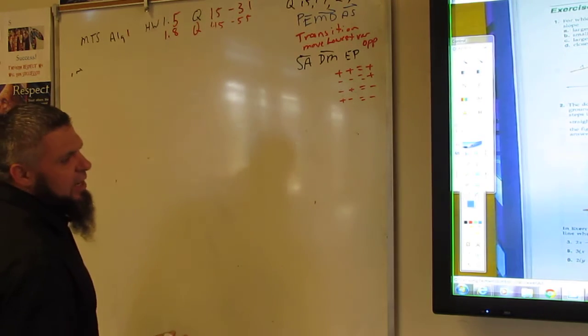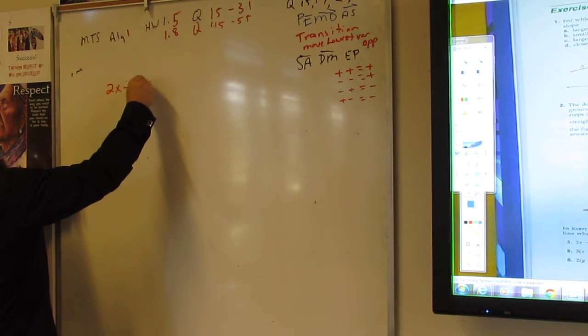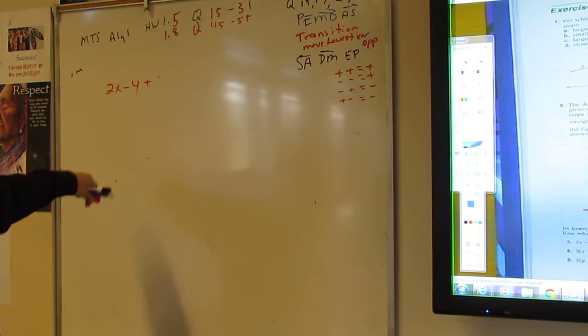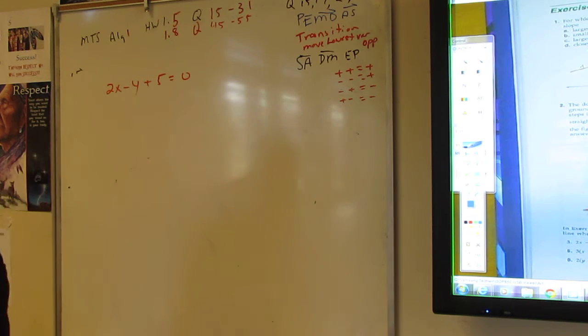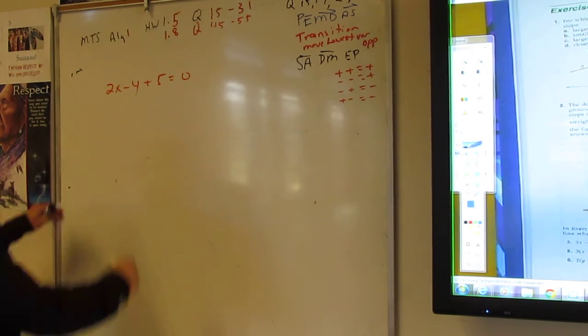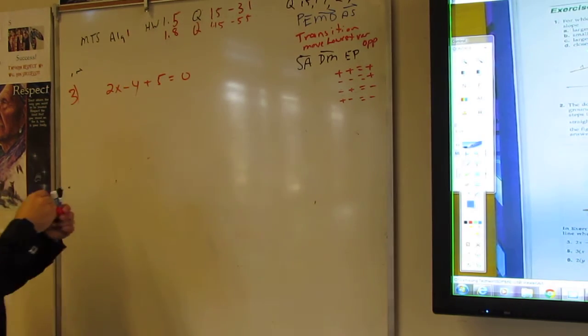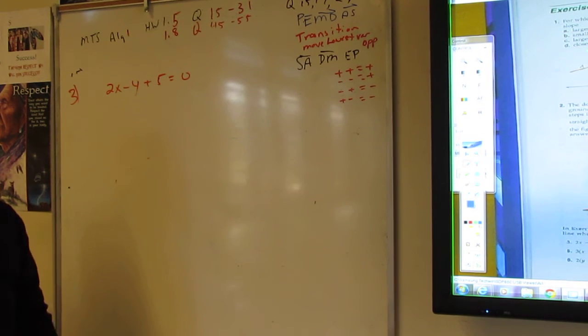I have 2x minus y plus 5 equals 0. And what they want is slope-intercept form. Okay? Slope-intercept form. How am I going to get this in slope-intercept form? I'm going to show you a trick. Pay attention. If you watch, this is easy.